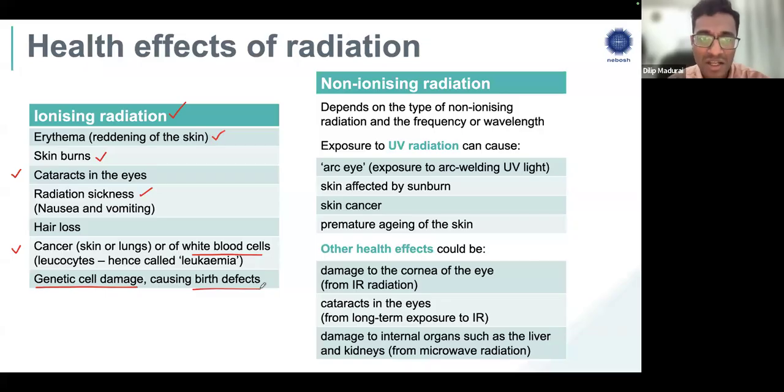So these are ionizing radiation health effects. Now, non-ionizing, as we discussed, they do not cause changes in the structure of the atom of the material that it is striking.